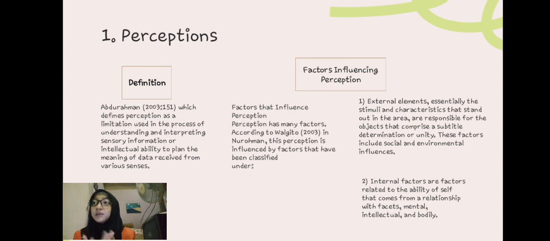Essentially, the stimuli and characteristics that stand out in the area are responsible for the objects that comprise a determination or unity. These factors include social and environmental influence. Number 2, internal factors are factors related to the ability of the self that come from a relationship with mental, intellectual, and bodily factors.